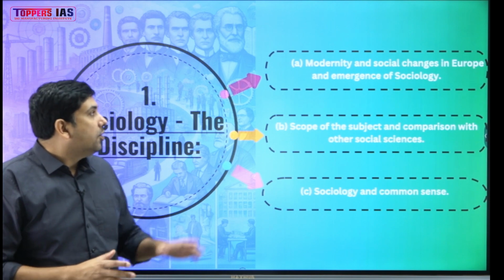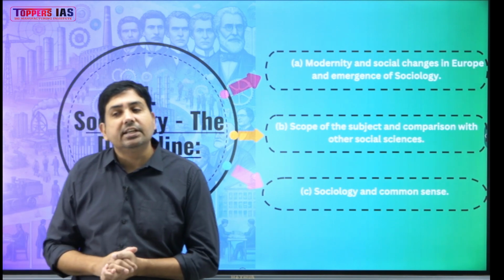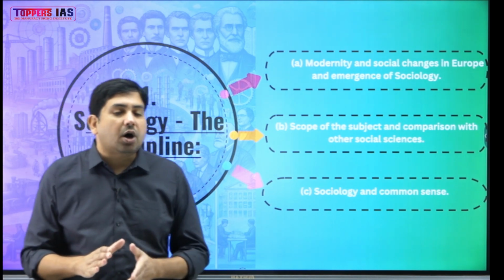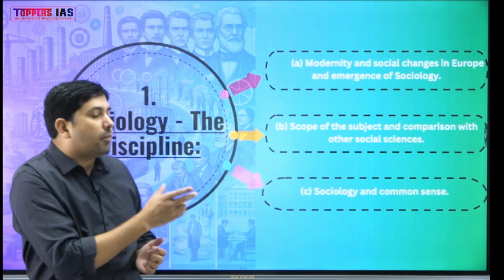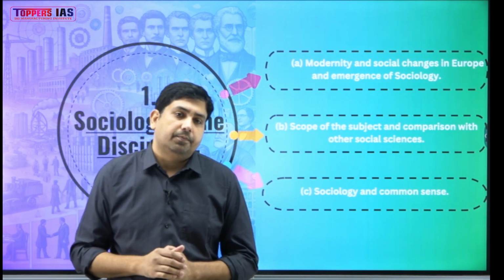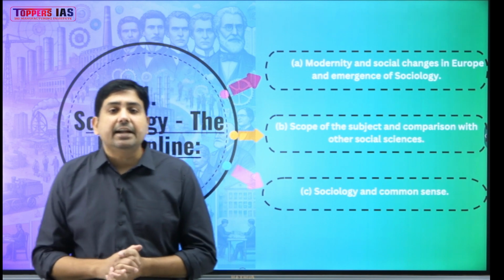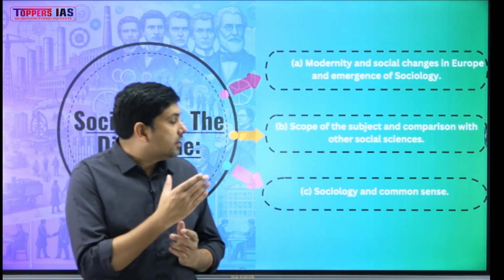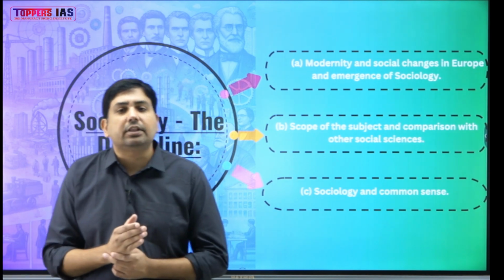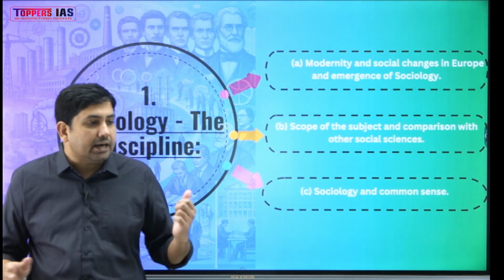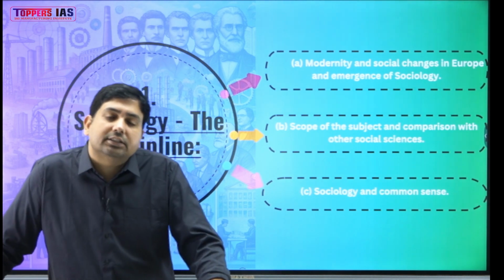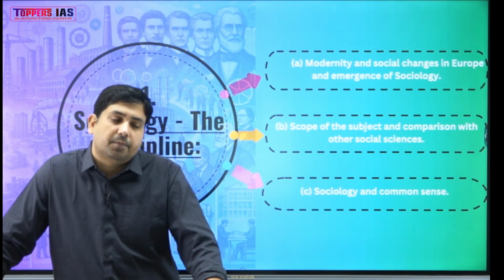First is modernity and social change in Europe and emergence of sociology. Then second is scope of the subject and comparison with other social sciences. And the third subtopic is sociology and common sense.